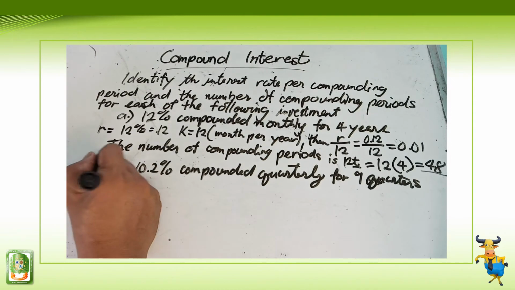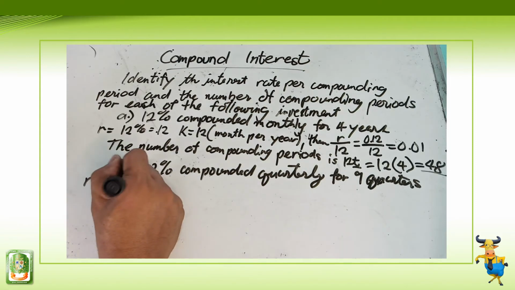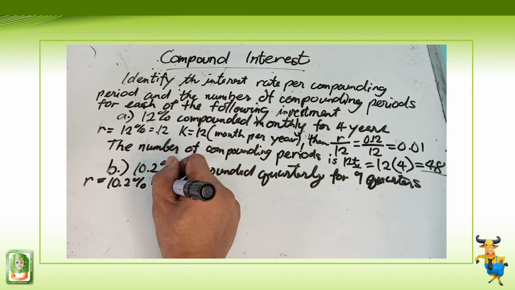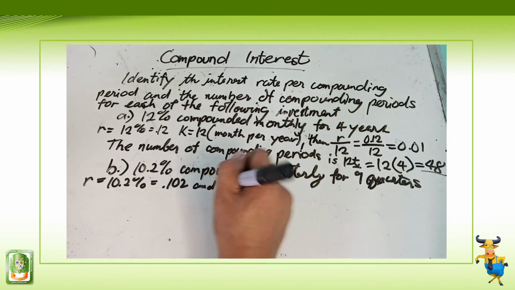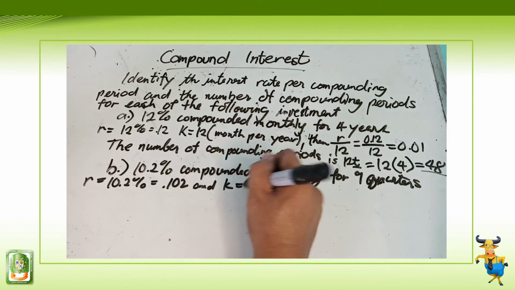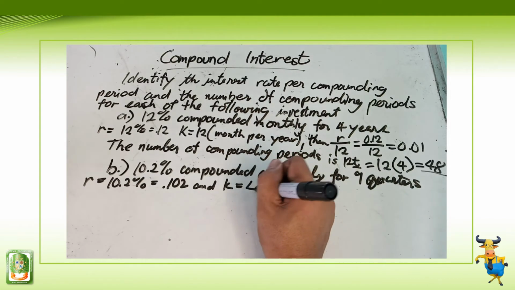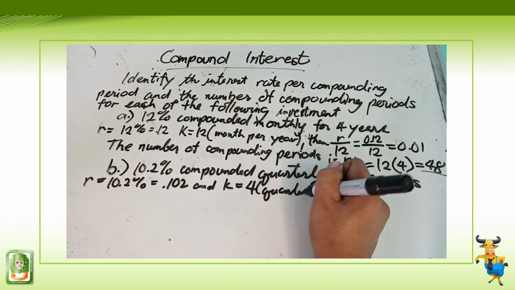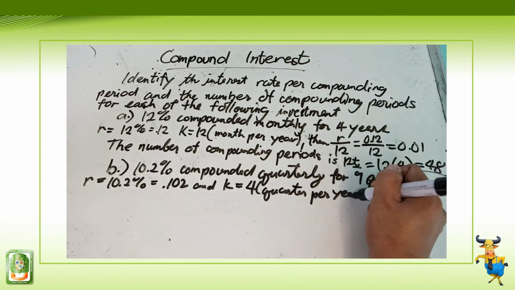So, magiging rate natin dito ay 10.2%. So, magiging 0.102 and the compounding K is equal to ilang quarters meron tayo sa isang taon? Meron tayong 4 na quarters sa loob ng isang taon.